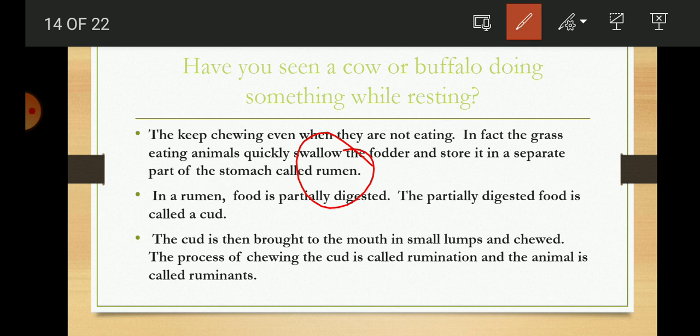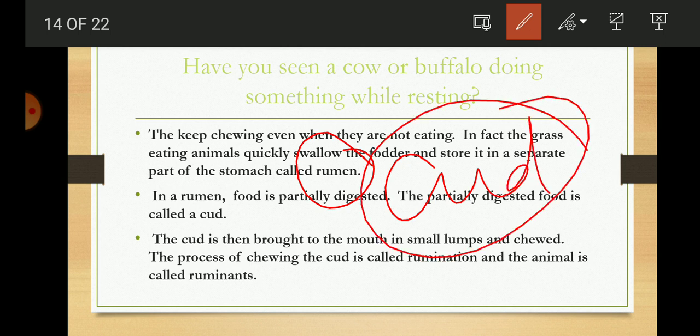So this food first goes into the rumen region, and there it is stored. In the rumen, the food is partially digested, and this partially digested food is known as the cud.